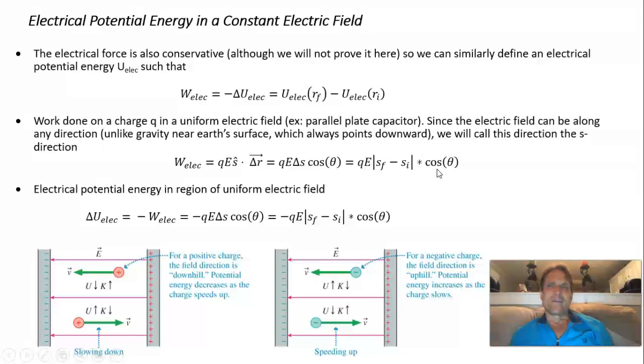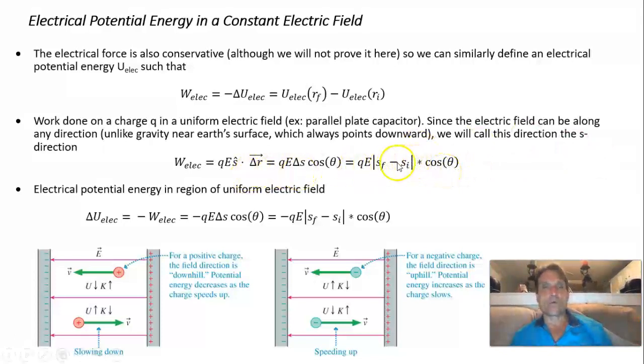So some people will like to keep the sign out here and ignore the cosine of theta. I like to keep it here because that way it guides me to the correct sign always. Okay, you always look for the angle between the electric field and the displacement. And in this class, it's almost always going to be 0 or 180 degrees, and so this is always going to be either 1 or -1.